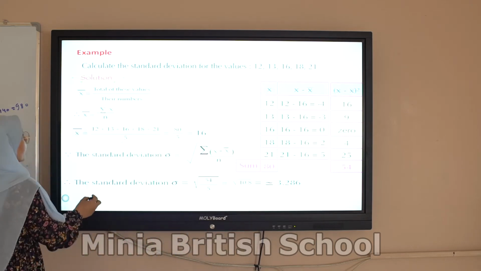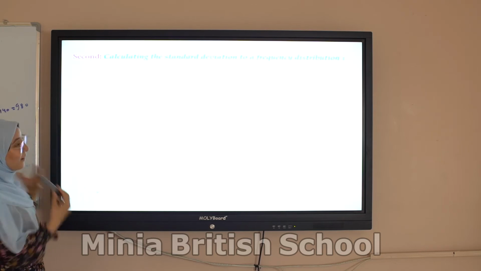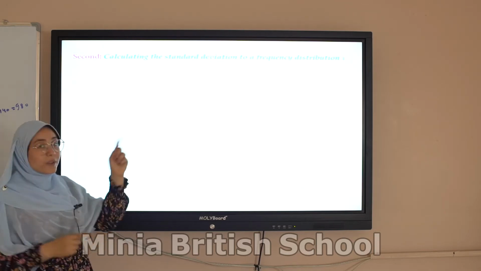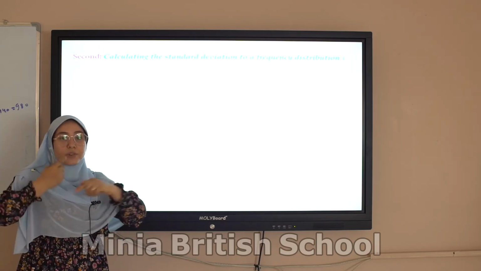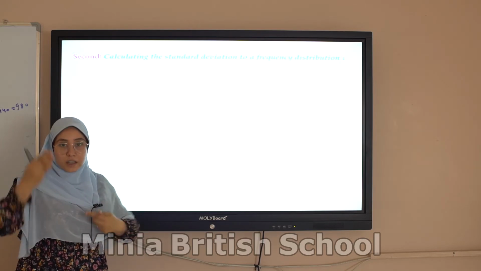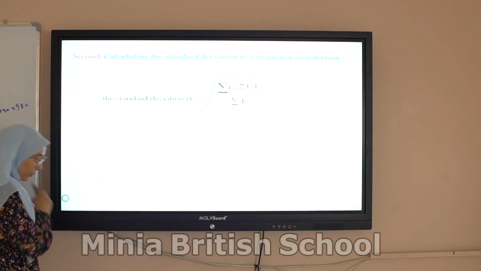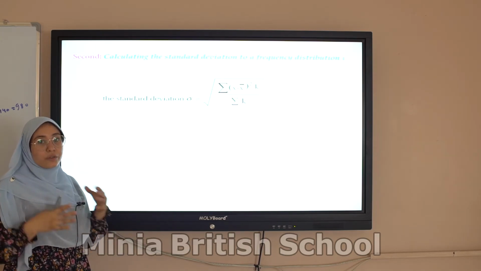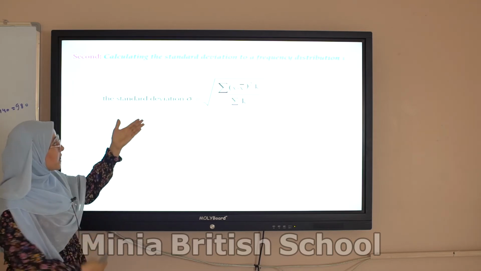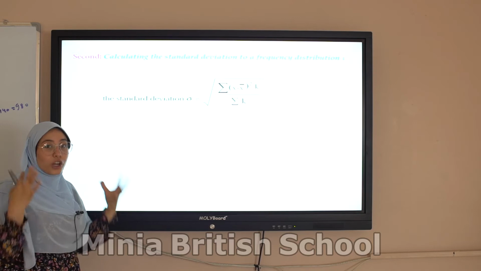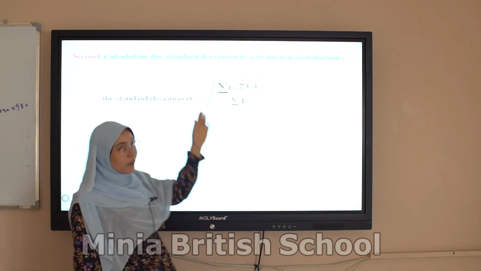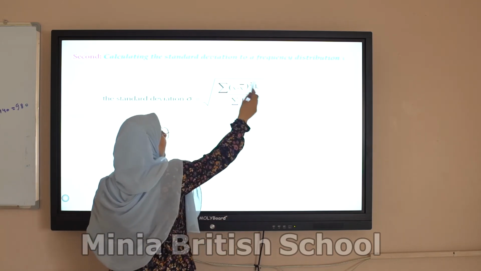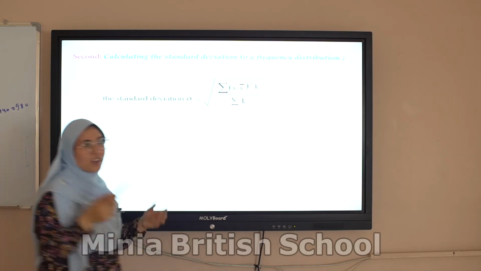Now I have another idea: how to calculate the standard deviation of a frequency distribution, meaning repeating values. The rule is sigma equals the square root of the summation of (x minus x bar) raised to power 2 times k, over the summation of k.